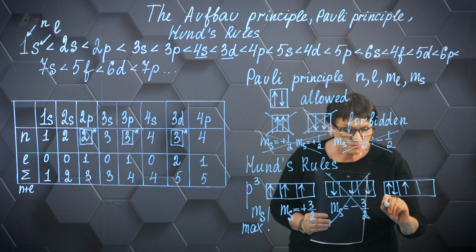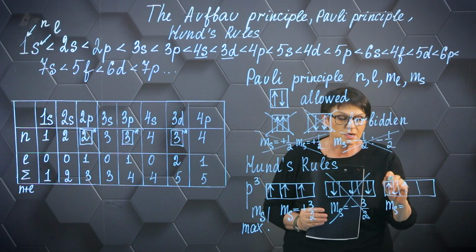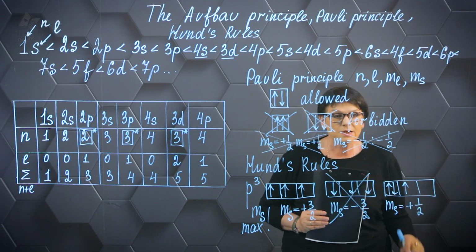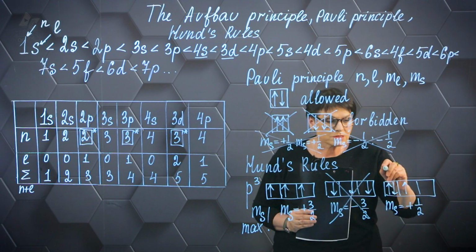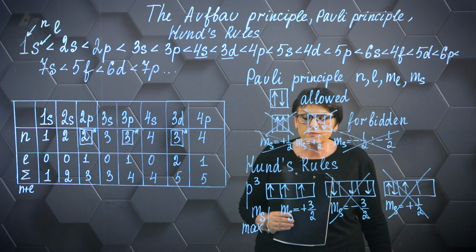Now further, as it would be here, we would say plus 1 second, minus 1 second, 0 across the cell. And in this case, it would be plus 1 second. So this placement would also be incorrect, prohibited.